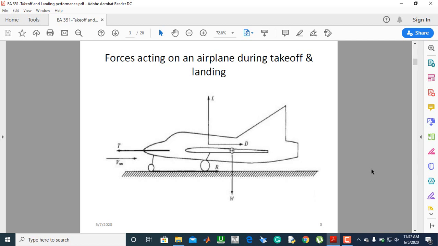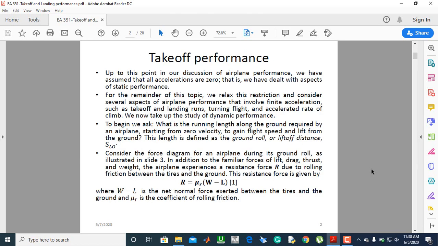Then since the tires of the aircraft are in contact with the surface, there is a frictional force that is in the opposite direction to the thrust force, and this frictional force or resistant force is denoted by the letter R and is equal to the coefficient of rolling friction multiplied by the normal force, which is the difference between the weight and the lift.